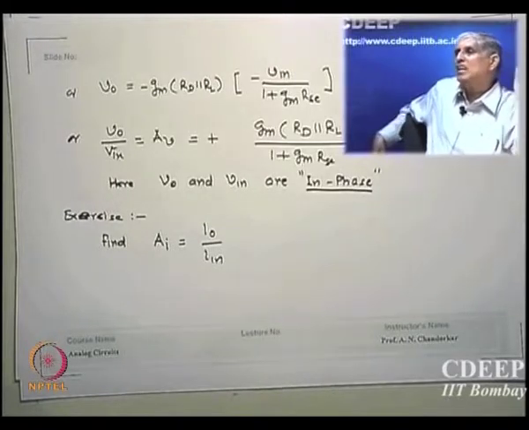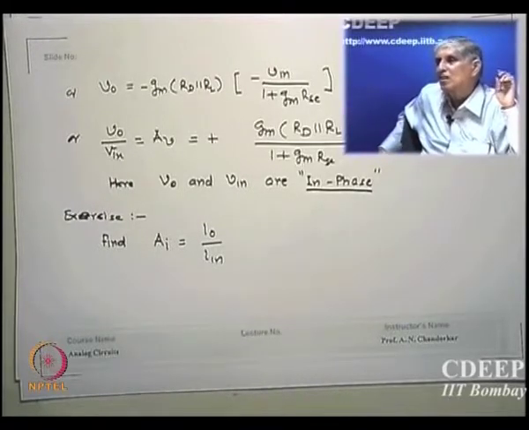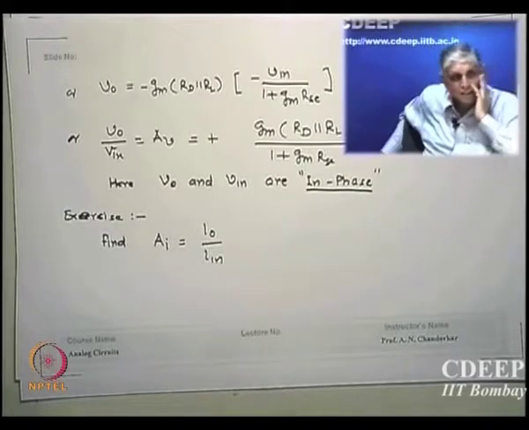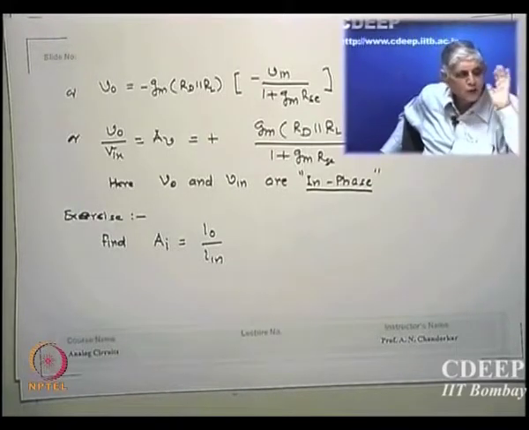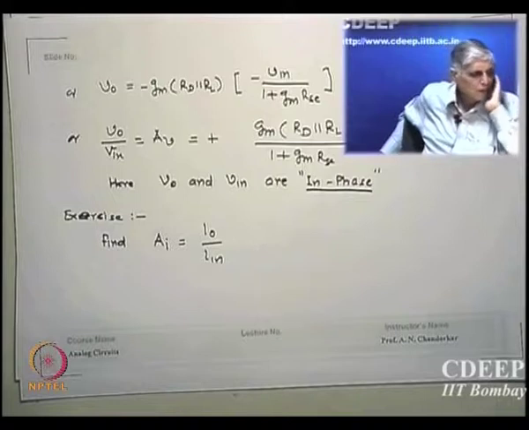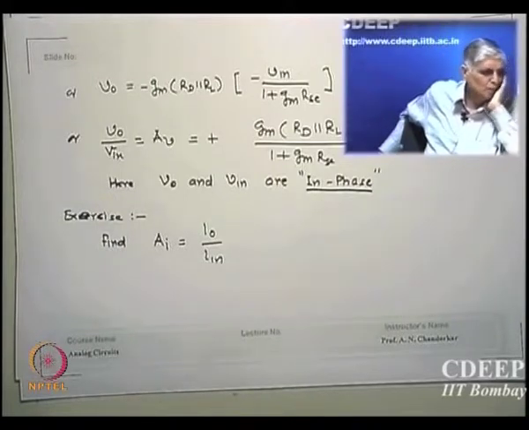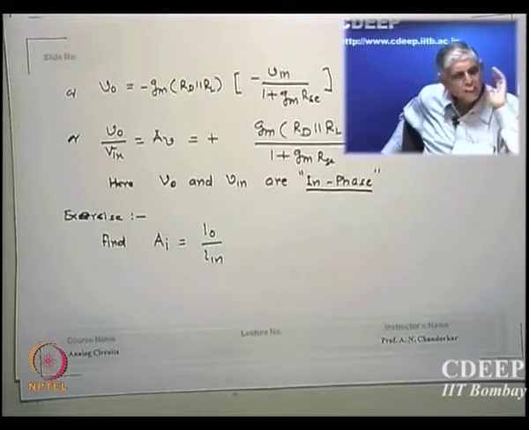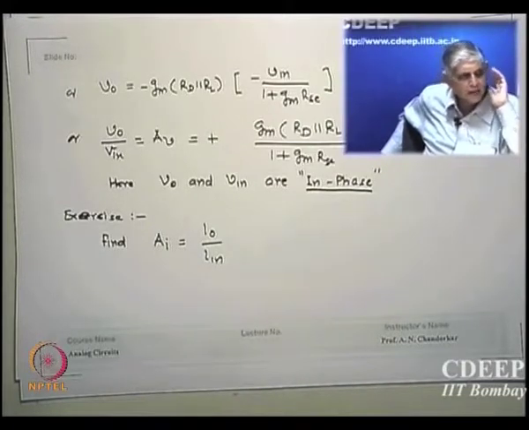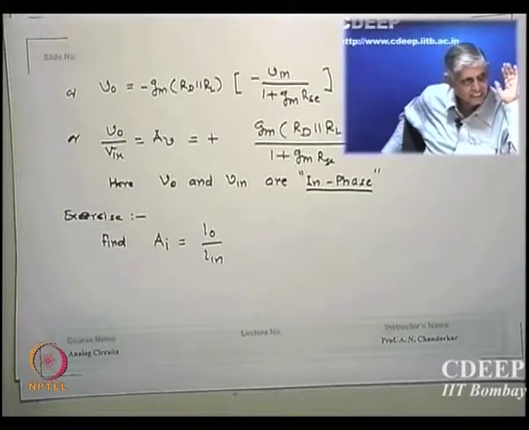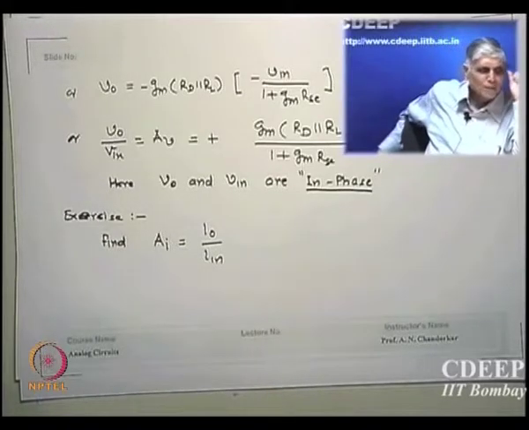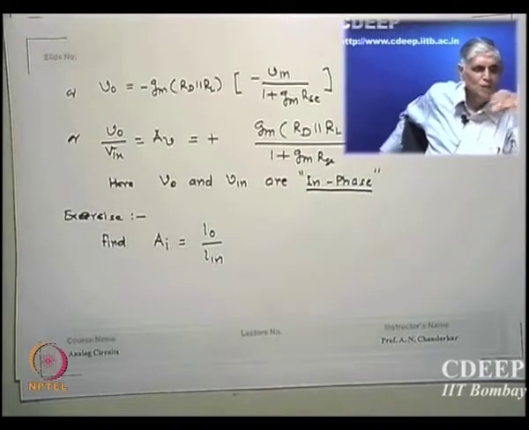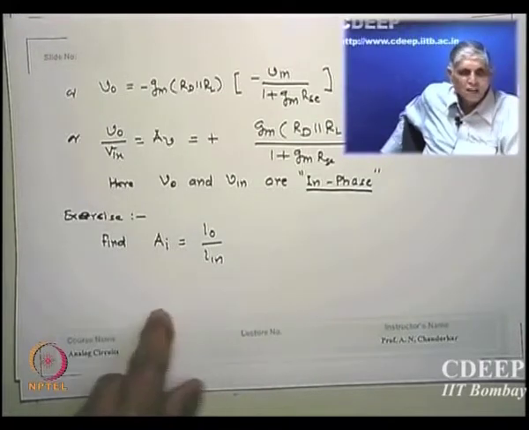So in common gate, what have we achieved? In-phase outputs. How much will the gain really be? Assuming RS is 0, it is still GM times RD parallel RL as in normal amplifiers. Is that correct?